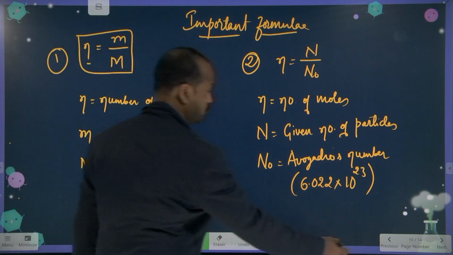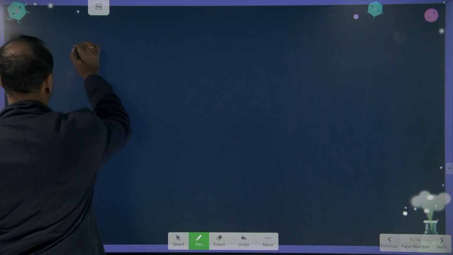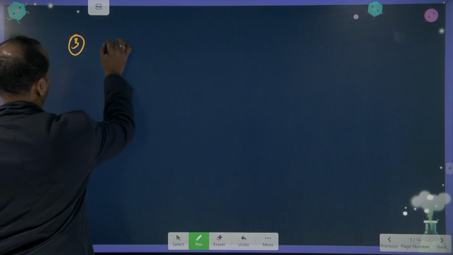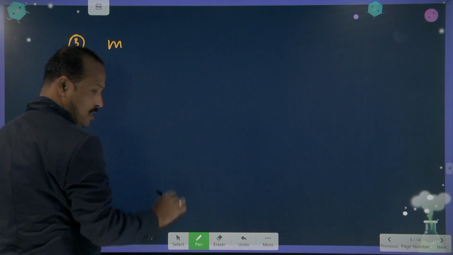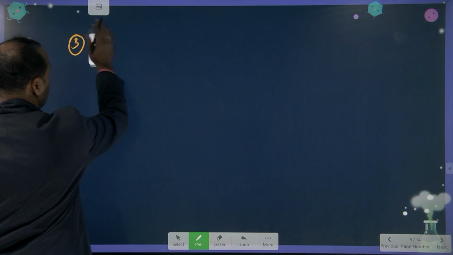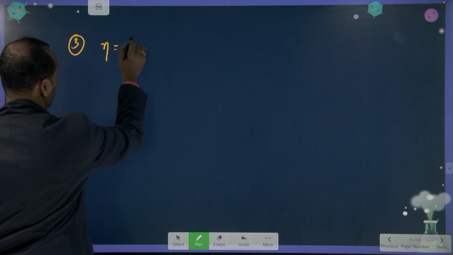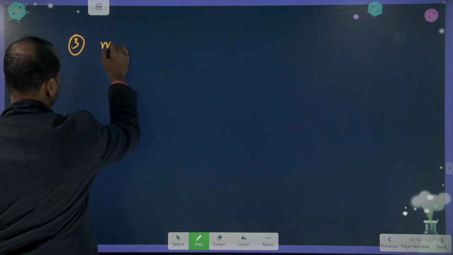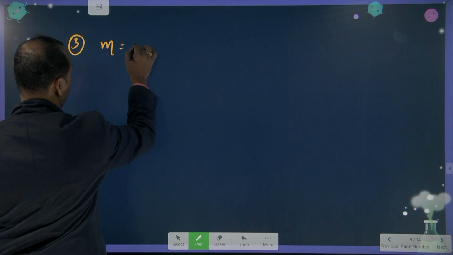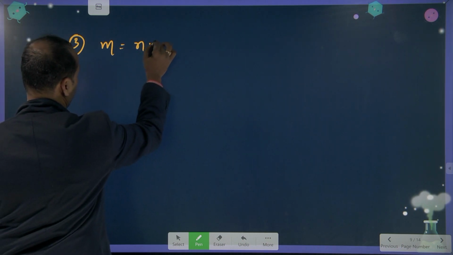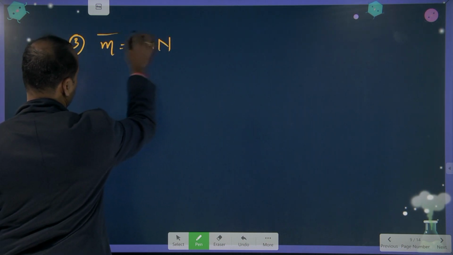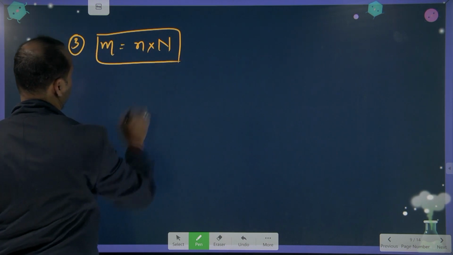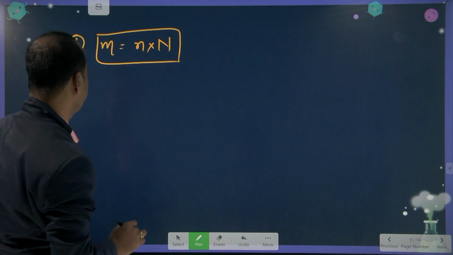Third one, m is equal to n into capital M. So this also write here.